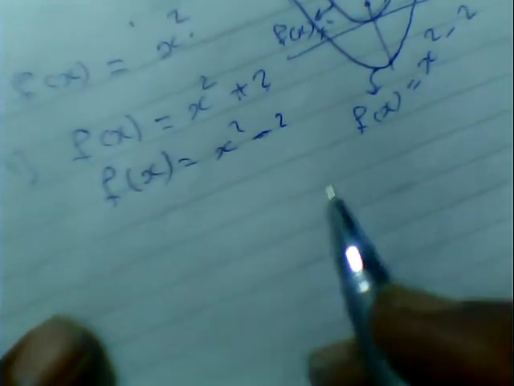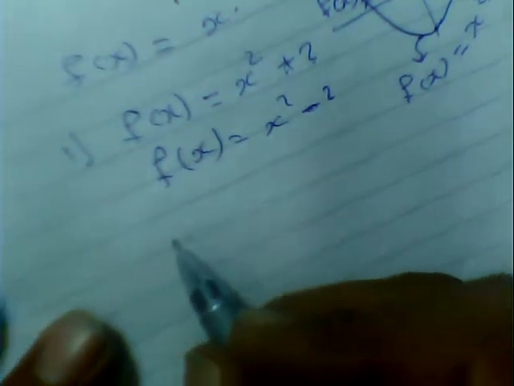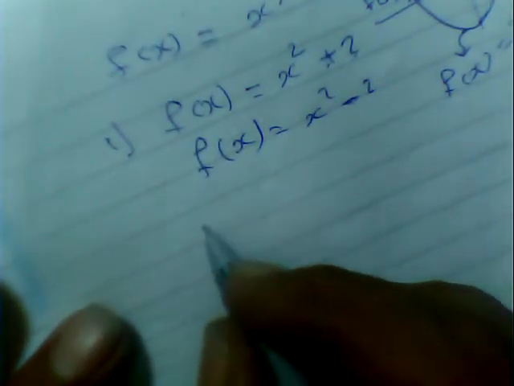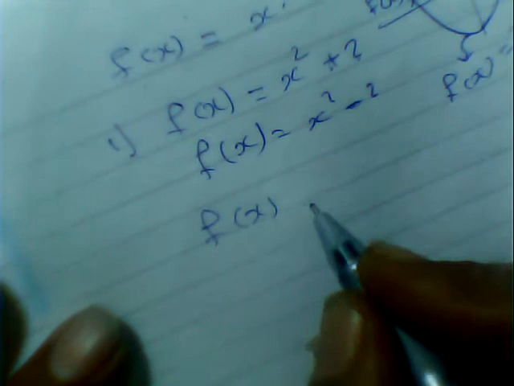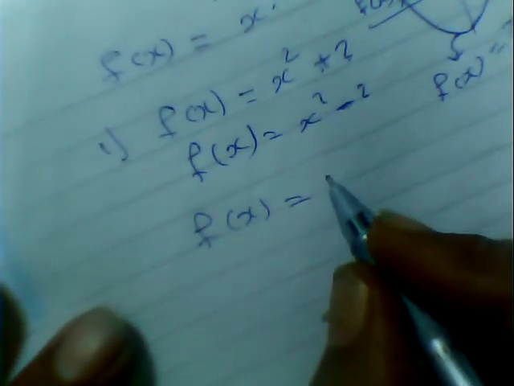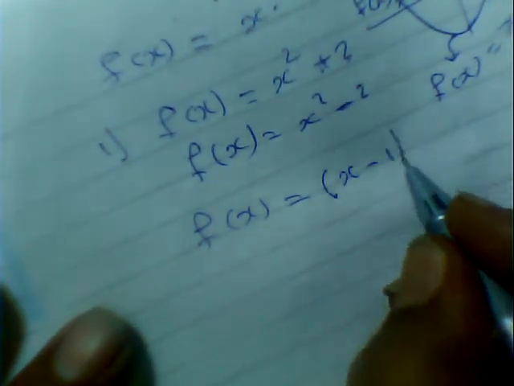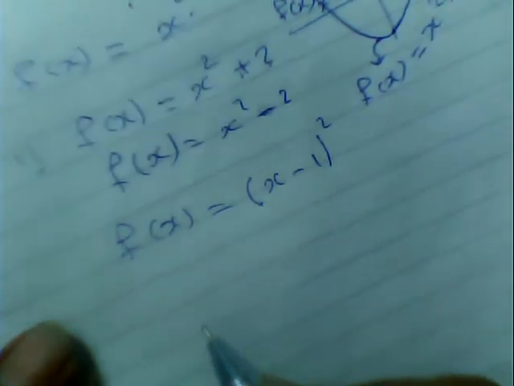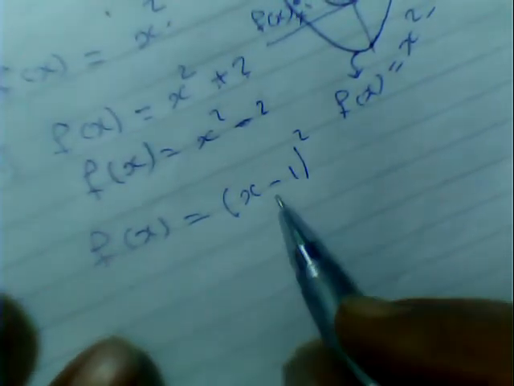Then how can we draw another one, f of x equals x minus 1 squared? This is different.